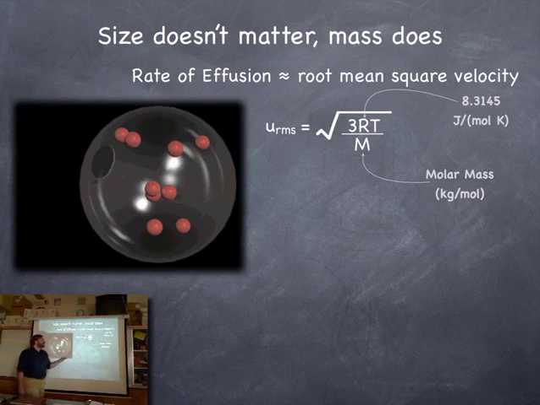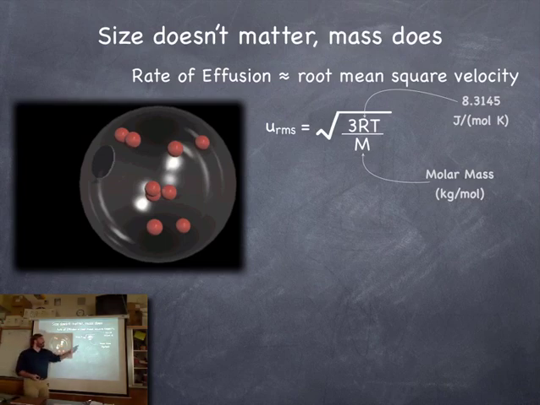All right, so the root mean square velocity is literally how fast the particles are moving. It's very much like the speed of the particles. And you can see that the speed of the particles depends on the temperature of the particles and the mass. Okay? At a given temperature, all the gases will have the same kinetic energy. Kinetic energy is a measure of how much energy they have because of the way they're moving.